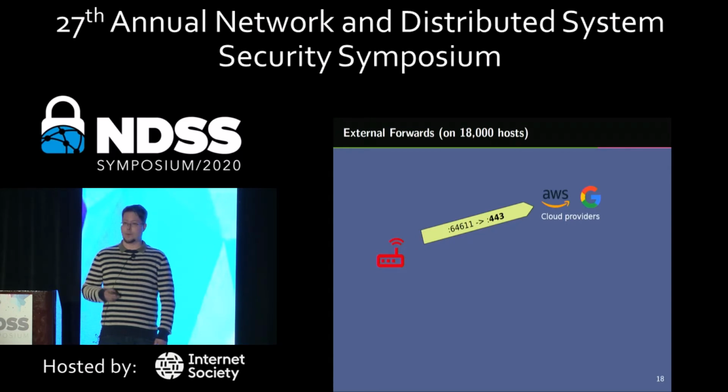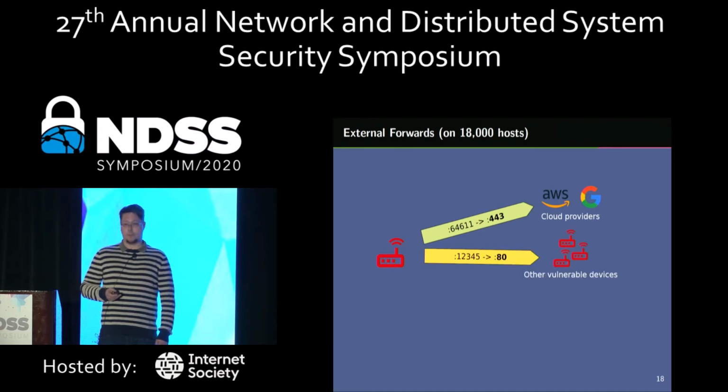Second, we have external forwards. These were targeting, for example, virtual service providers, or some network edges for service providers like Google or Amazon. That could be used, for example, for domain fronting in order to proxy the traffic.